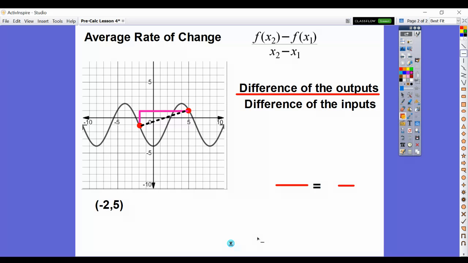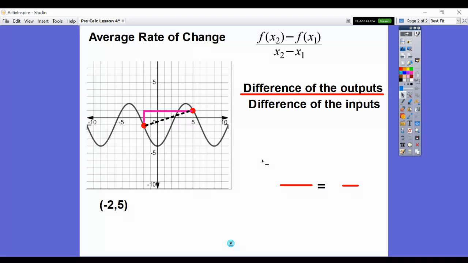If you want to use the algebra, you are going to do the same thing. You just do it the way you were taught. So the difference of the outputs. I've got my 2 red dots plotted on my graph. The locations I'm looking at are what happens when the graph is at -2 and what's happening when the graph is at +5.